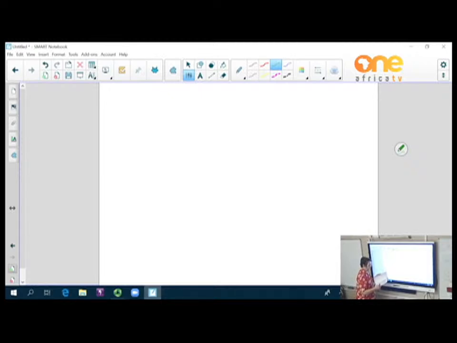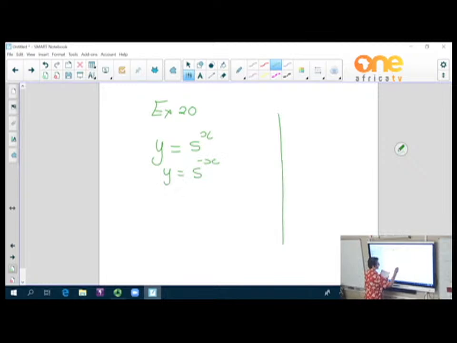So there we have these graphs. This is now exercise 20, and the first graph is y is equal to 5 to the power of x, and then y is equal to 5 to the power of negative x. So again, like the previous one, basically they're going to look the same.